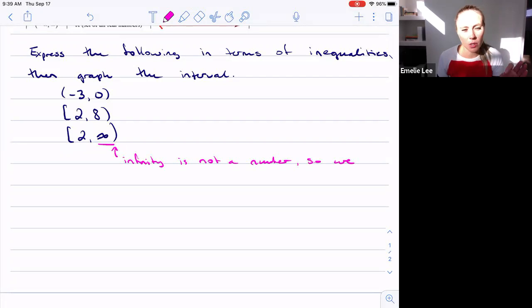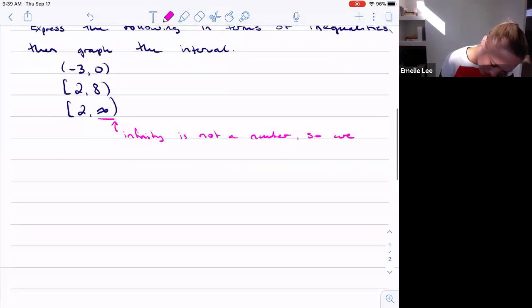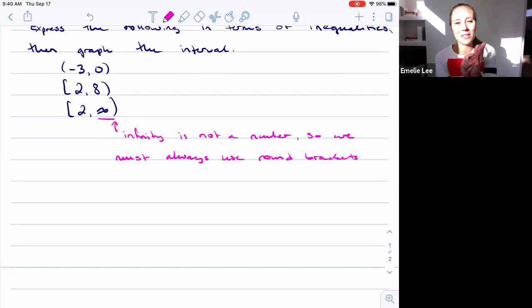So we must always use round brackets around infinity, right? On either end. So we must always use round brackets, right? Because if infinity is not a number, then we can't go to that number exactly because it's not a thing.